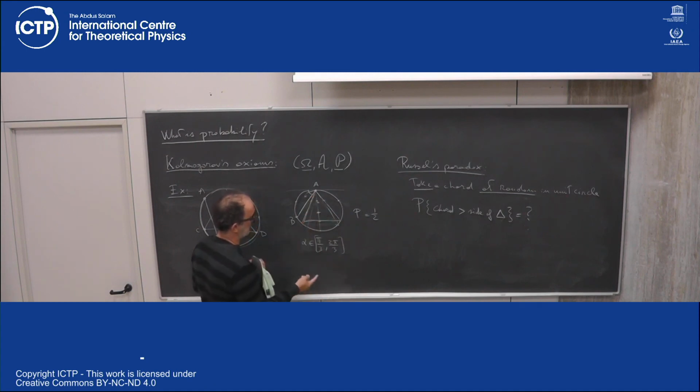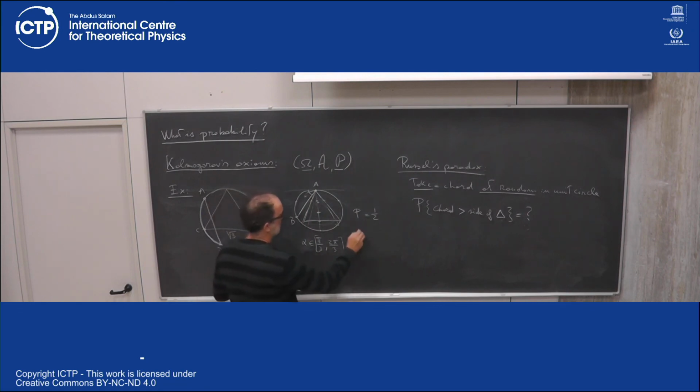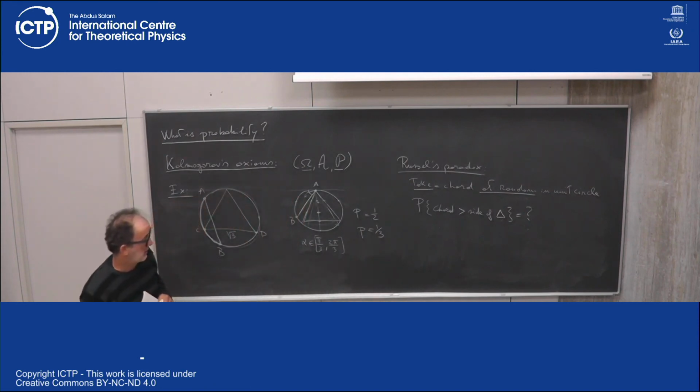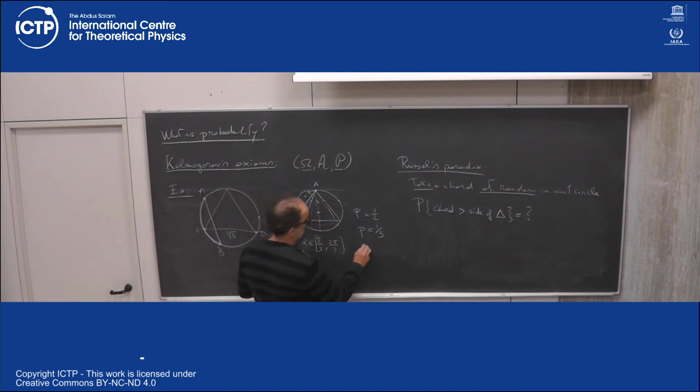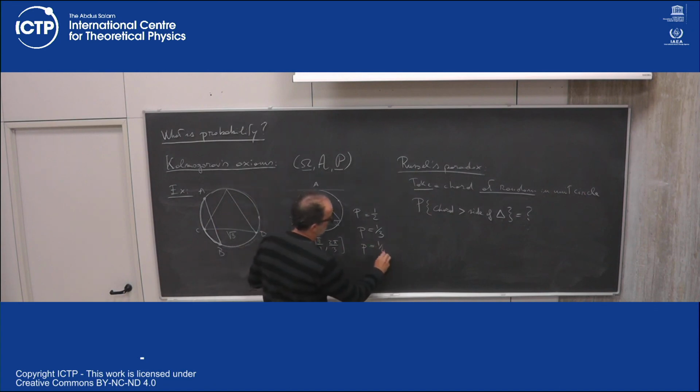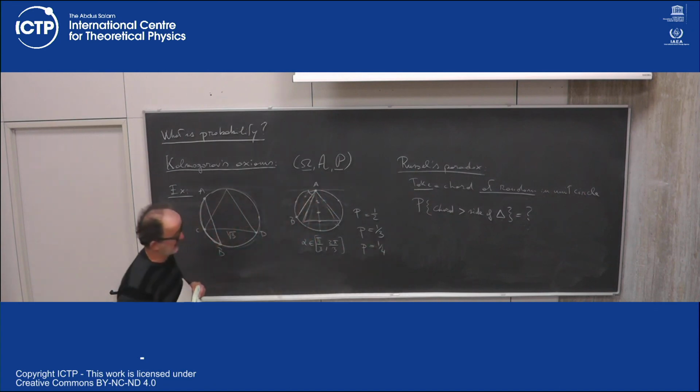Otherwise, it will not. So what is the probability that this happens? Well, this probability is equal to 1/3. And there is even a third answer to this question, which is if you do a different argument that gives you 1/4. This is in the lecture notes.